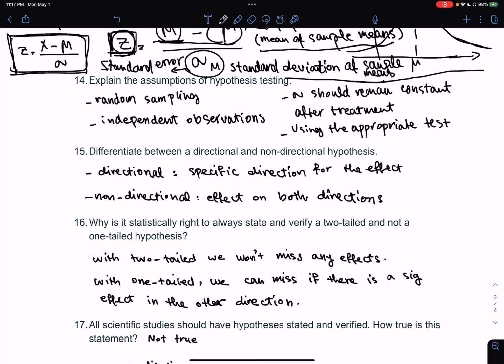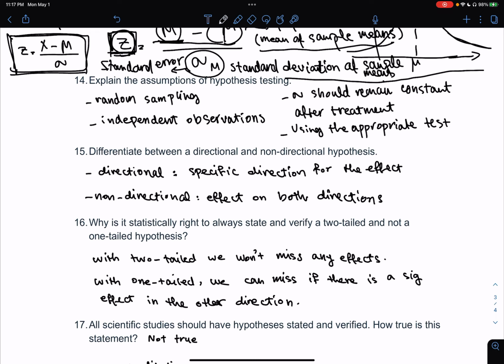The third one is that the standard deviation should remain constant after treatment. I don't know if you remember, but in the previous videos, we had a question where we added 2 points to all of the scores, and after adding those two, the standard deviation remained the same.